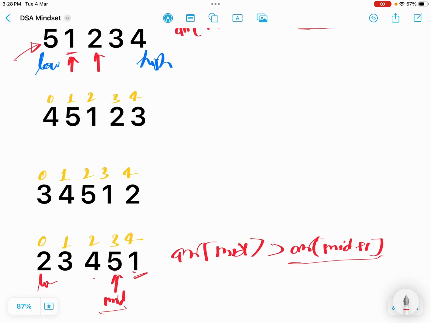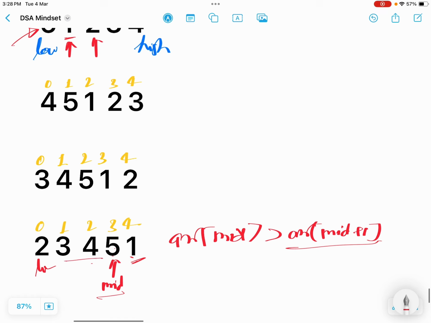But why am I saying it this way? I can't say that 3 is greater than 4. There's no possibility in that case. So we are not going to do anything else, because this is something rotated.